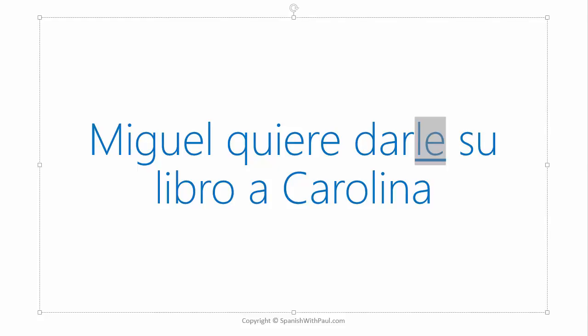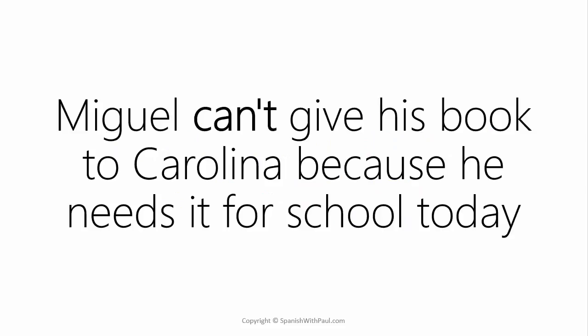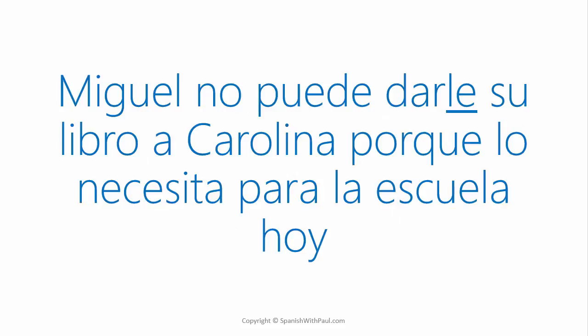What about this one? Miguel can't give his book to Carolina because he needs it for school today. Miguel no puede darle su libro a Carolina porque lo necesita para la escuela hoy.